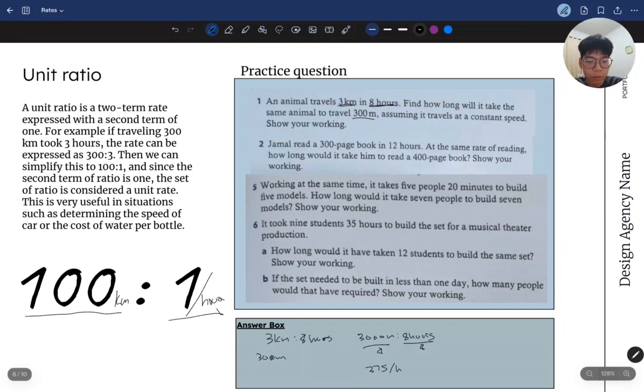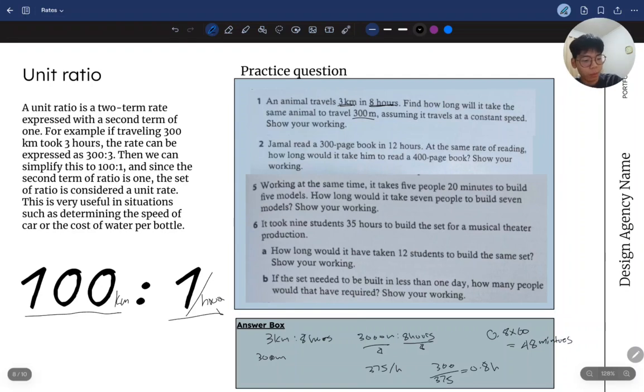Since we're traveling 300 meters, we can calculate that by dividing 300 meters by 375, equaling 0.8 hours. Since 1 hour is 60 minutes, how much is 0.8 hours? 0.8 times 60 equals 48 minutes. Simple as that.